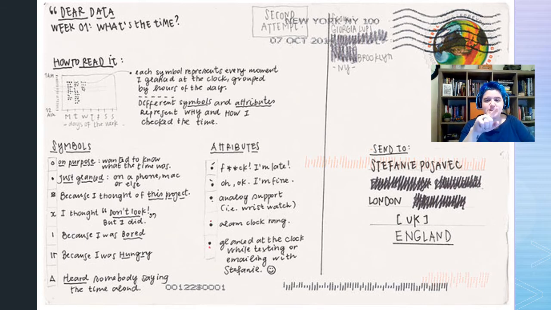And you will see that this is a postcard that she mailed to Stephanie Posavec. Dear Data was a project that these two women did. One of them lives in London and the other lives in New York City, or did at this time. And they each tracked the same thing every week and then made a data visualization of it on a postcard and then mailed it to the other one.